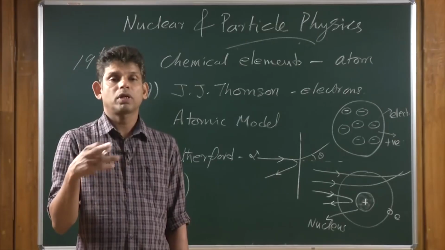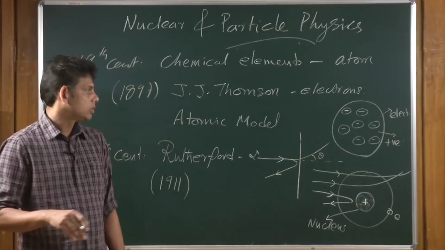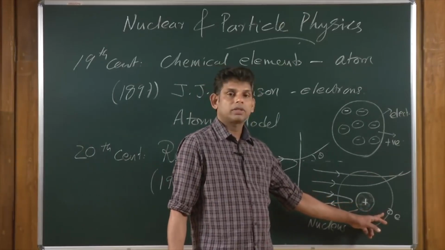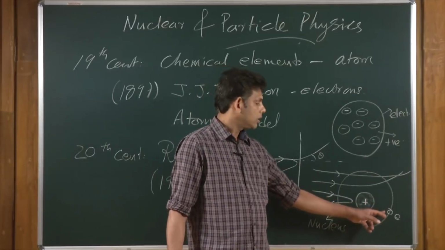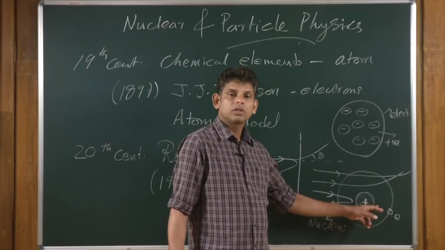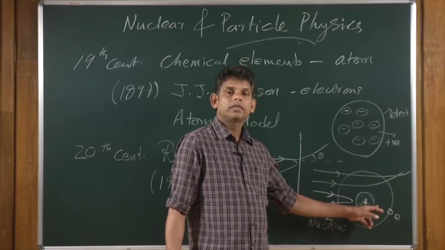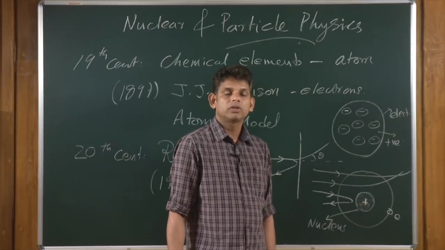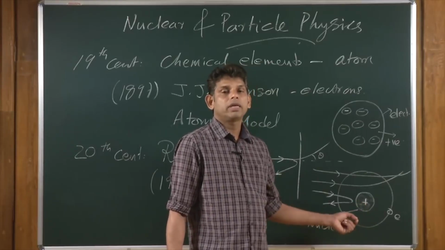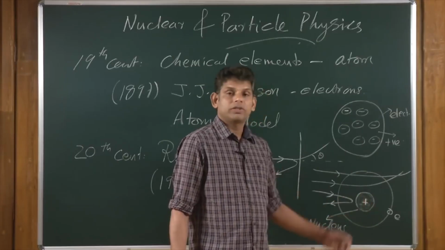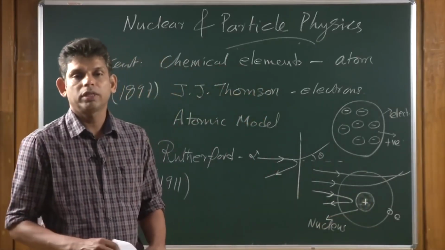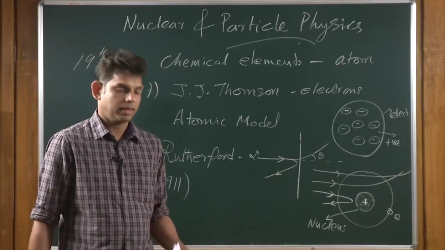As it moves around, you will lose the balance between the centripetal acceleration and the rest, unless you come closer. So, the radius has to keep on reducing for smaller and smaller energy electrons, and ultimately it will fall into the nucleus. So the stability of this model is in question. I mean, it is not possible classically.